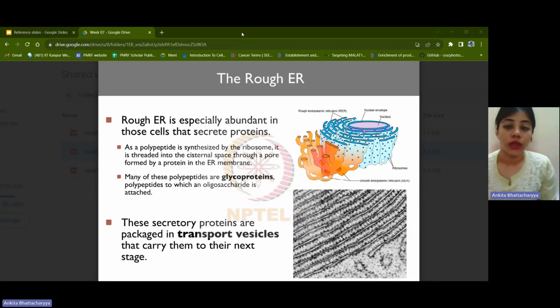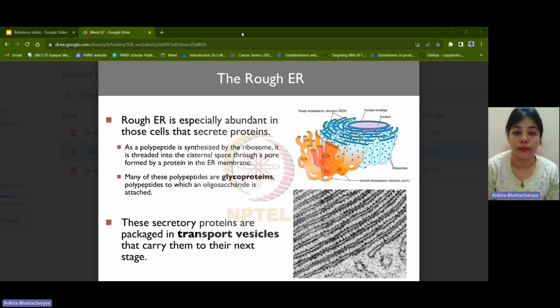Should be okay now. So we were talking about the endoplasmic reticulum, the rough endoplasmic reticulum in particular. It is believed to be especially abundant in those cells that secrete proteins. So when a polypeptide is getting synthesized by the ribosomes that are present on the RER, it gets threaded through the cisternal space, and this threading occurs through a pore that is formed by a protein in the ER membrane.